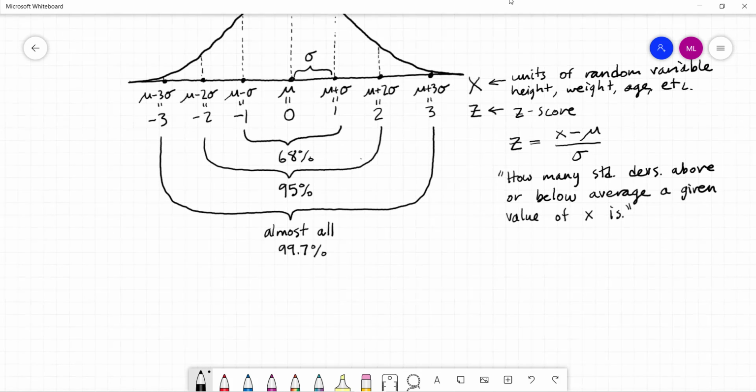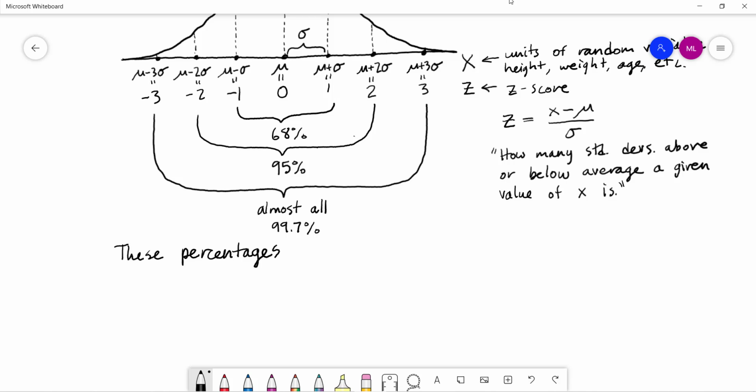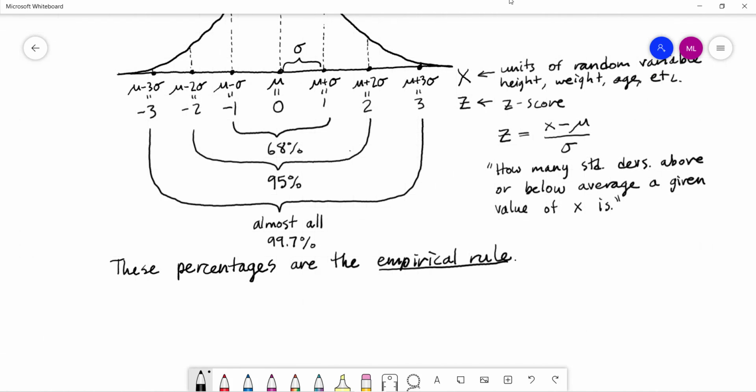So this is the empirical rule. These values right here, these percentages telling us what percentage of the total area falls into each of these regions, are the empirical rule. So the empirical rule just specifies the 68, 95, almost all values.